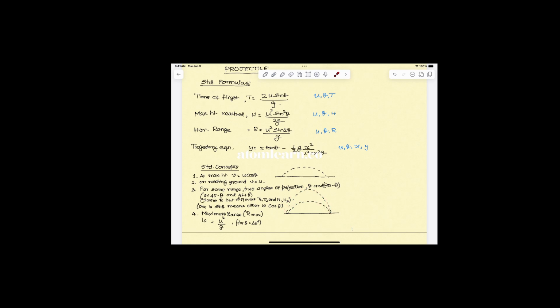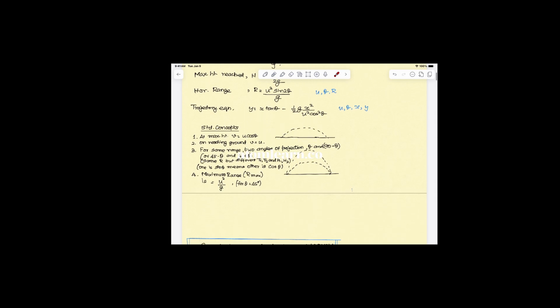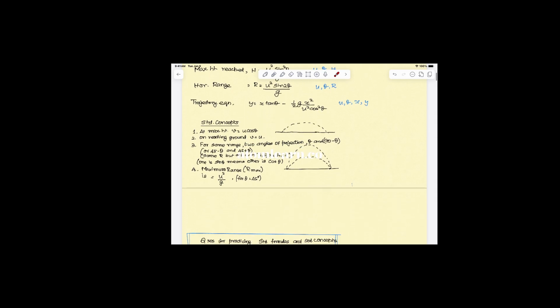That is another concept on which questions come very frequently, both in NEET as well as JEE Main. T1 and T2 and H1 and H2 will be different for the same U, whereas R will be the same for both if theta and 90 minus theta are the two projection angles. That point should be borne in mind.